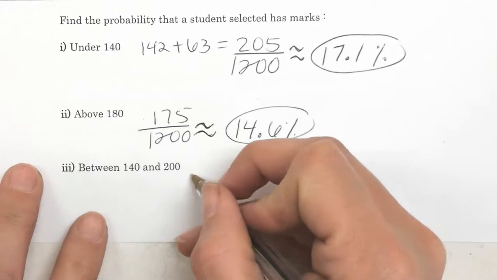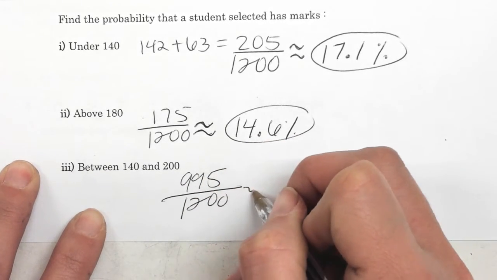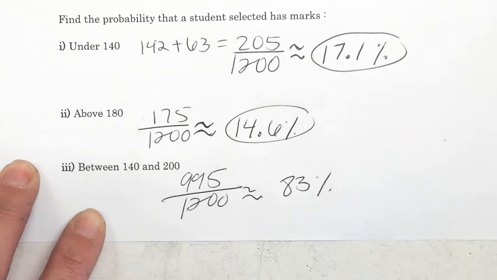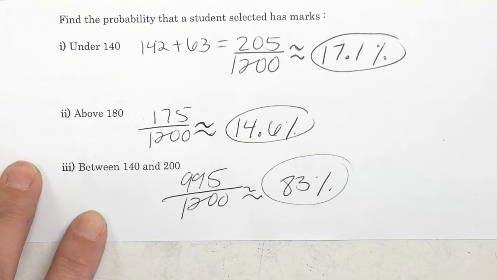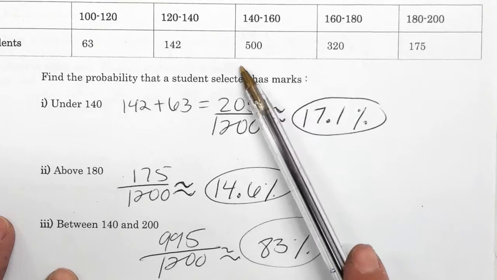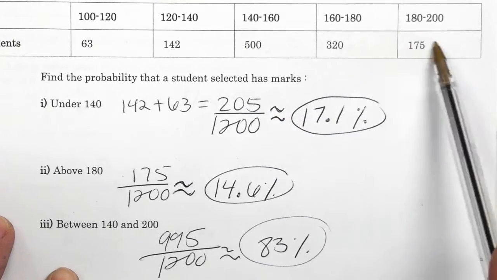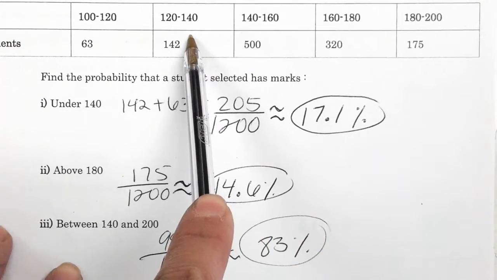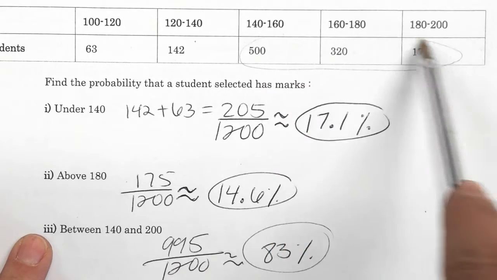Good, 995 over what? And so our final percentage would be 83%. Good. 995. Alyssa, go ahead and tell her what we added together. Good. Everything in this column is either got to be 140 or below. So if it's between 140 and 200, you would add up these three columns.